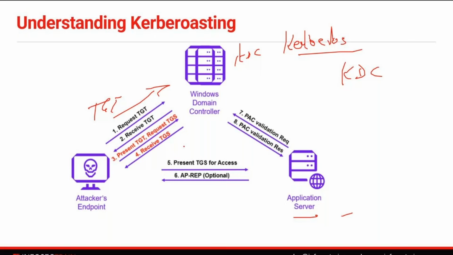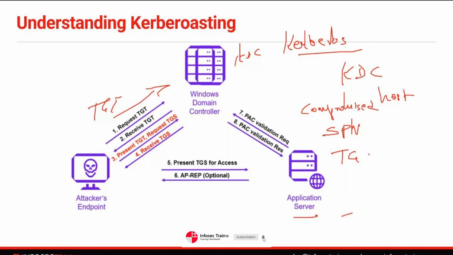So what you do: you have a compromised host, then you scan for the registered service principal names. From that device, you request the ticket granting service ticket for the discovered service, let's say it is an SQL service.